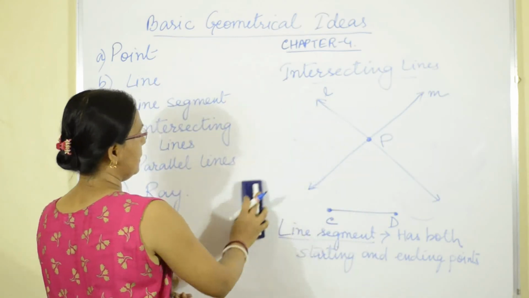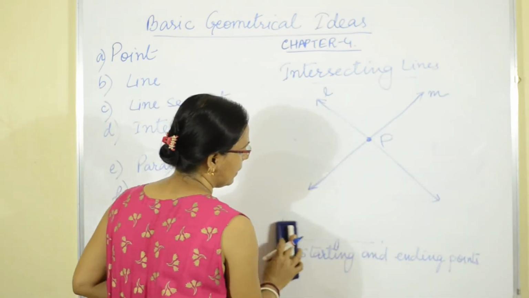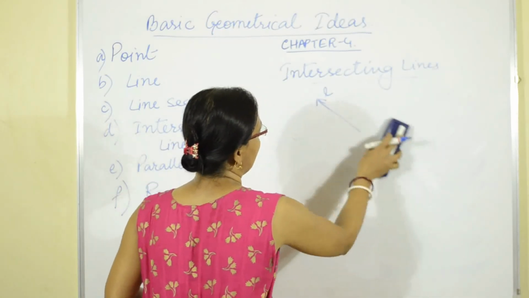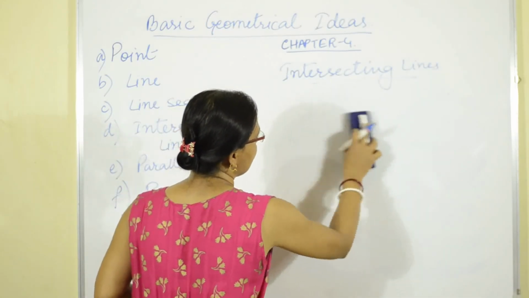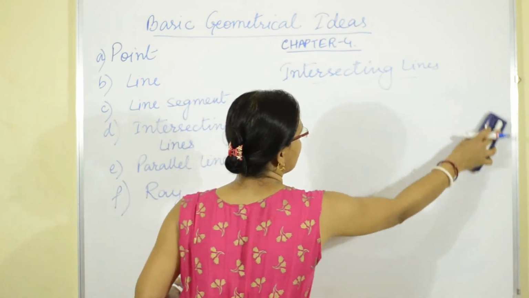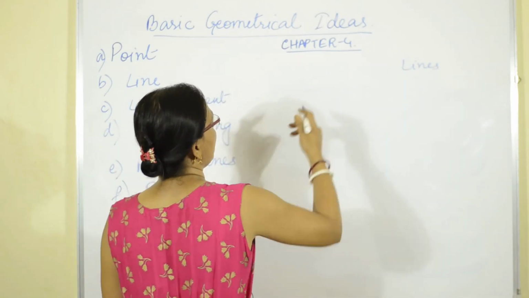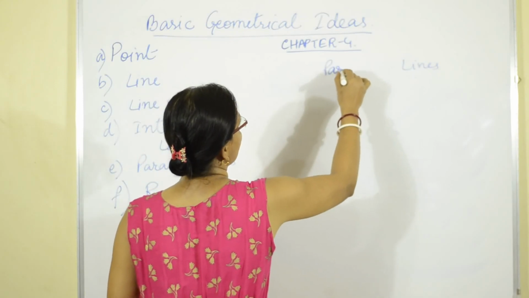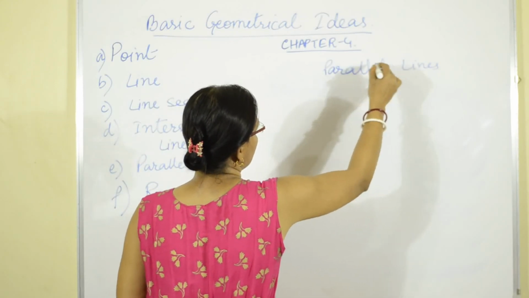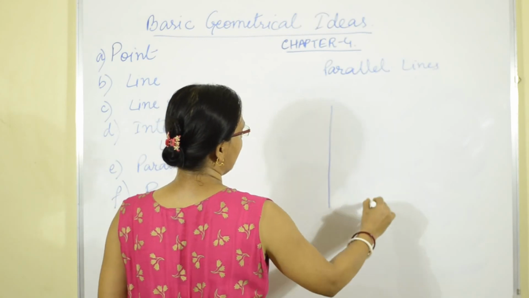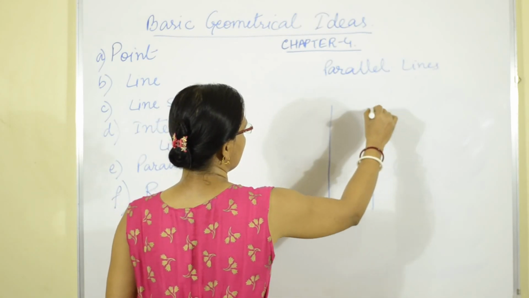Now, next one, parallel lines. Two lines that do not meet each other are parallel lines. You have seen intersecting lines where they intersect. Now, what are parallel lines? Parallel lines are those lines that go together but they never meet each other.